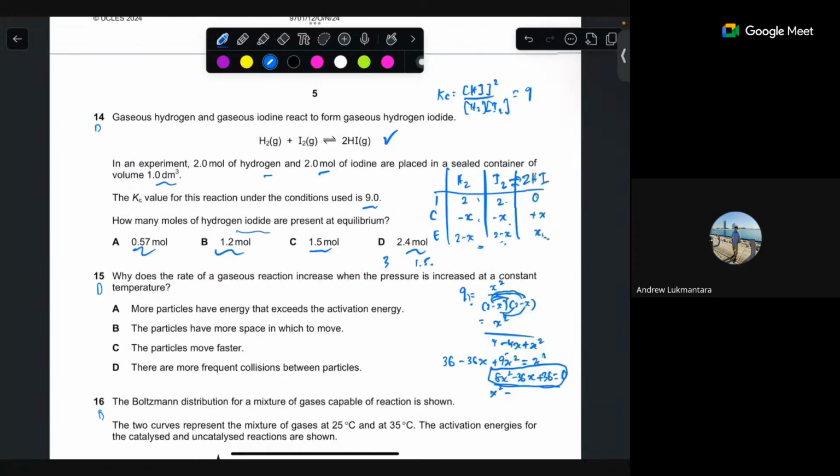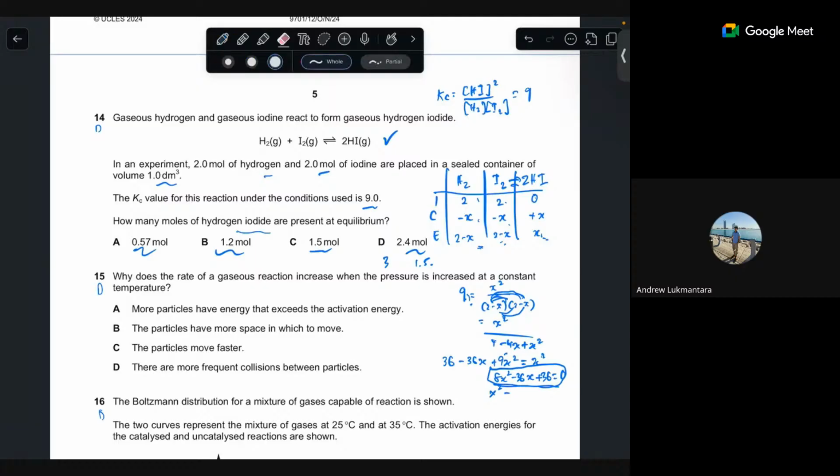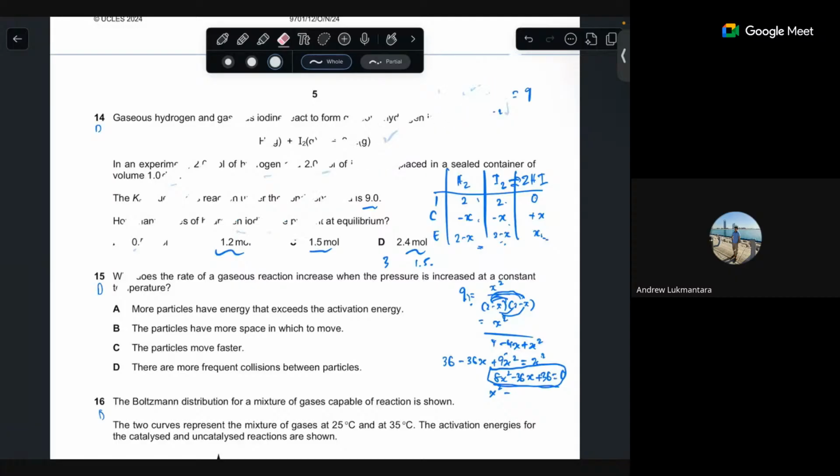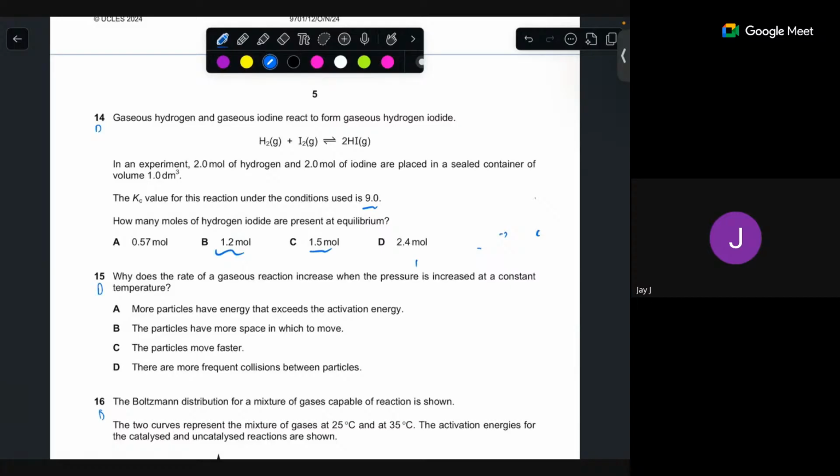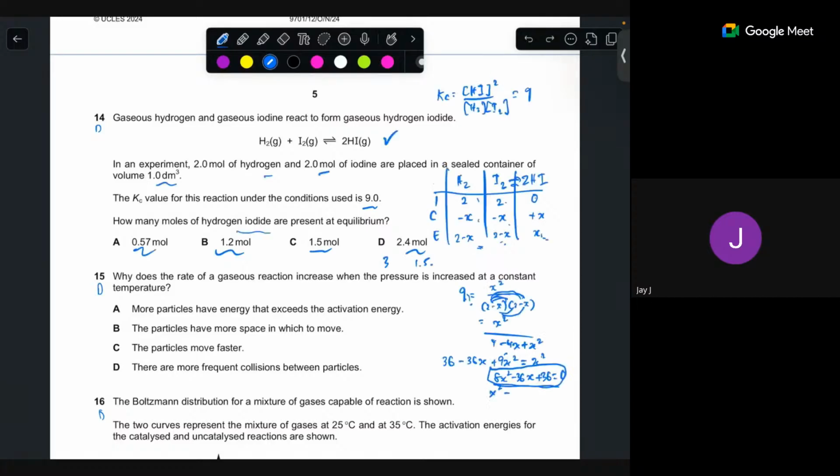How many moles are present? Okay, let's try again. Sir, is it not because there's 2 HI? Yes, correct. So times 2. You need to times by 2. Okay, correct, it is because of that.